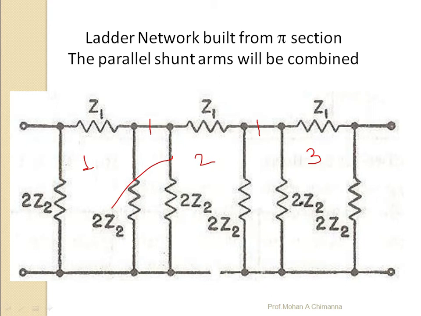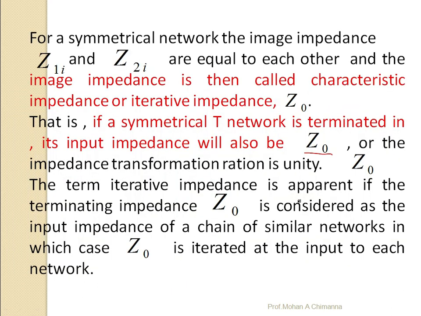So the parallel shunt arm will be combined. For a symmetrical network, the image impedances Z1i and Z2i are equal to each other, and the image impedance is called the characteristic impedance, or the iterative impedance, Z0. Characteristic impedance is represented by Z0.